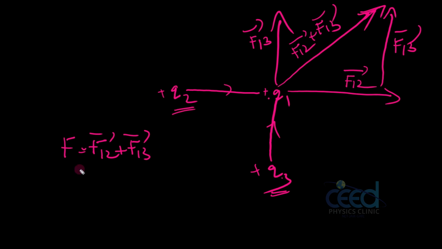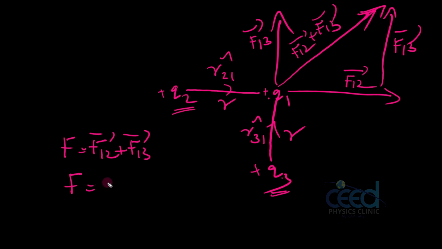So we may write this as F. What is F12? We may represent this distance as r, and I am representing the force directions as r21 cap and r31 cap. So 3 to 1 is one direction, 2 to 1 is the other.